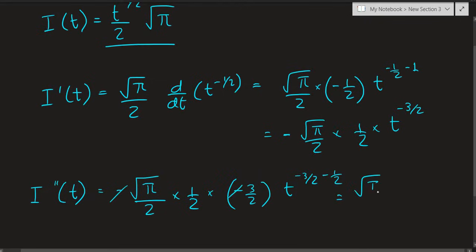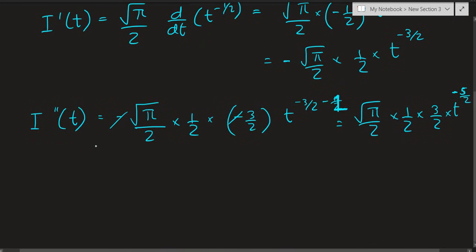We have square root of pi over 2 times 1 over 2 times 3 over 2 times t to the negative 5 by 2 power.